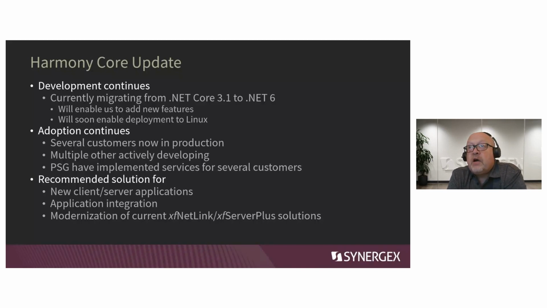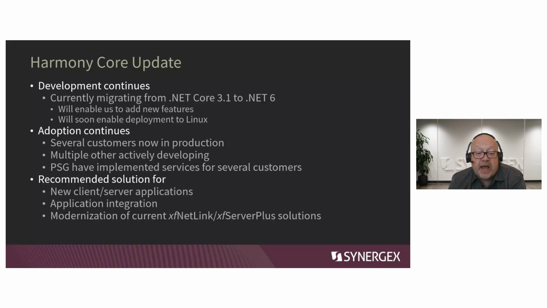We've converted most of the customer projects that we have access to .NET 6 and successfully verified the environment, and it will be getting published fairly soon. We're also excited, once it is published, to be able to take advantage of various new capabilities in, for example, the .NET 6 Entity Framework that will in turn allow us to add several new features to the Harmony Core environment over the coming months.